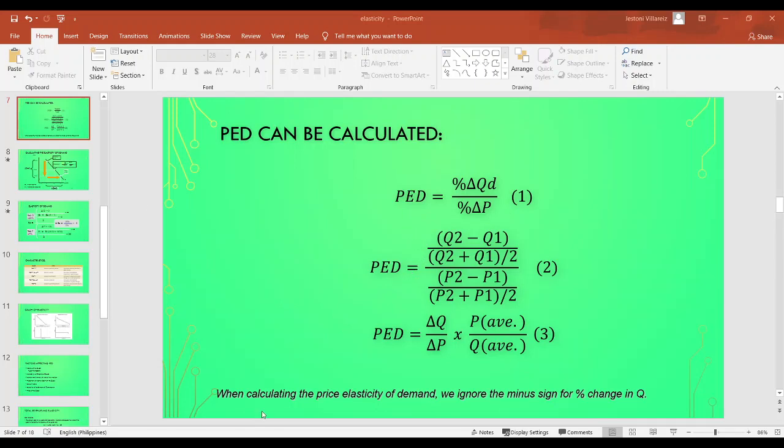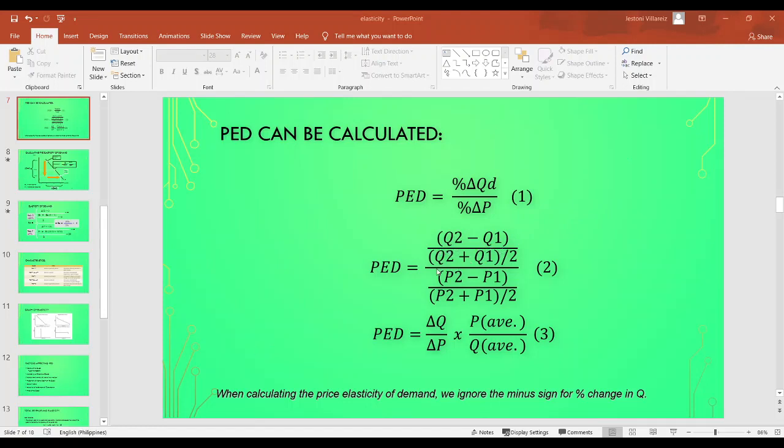Okay, so kaning 4,500 divided by 7,250. That's negative 0.62.